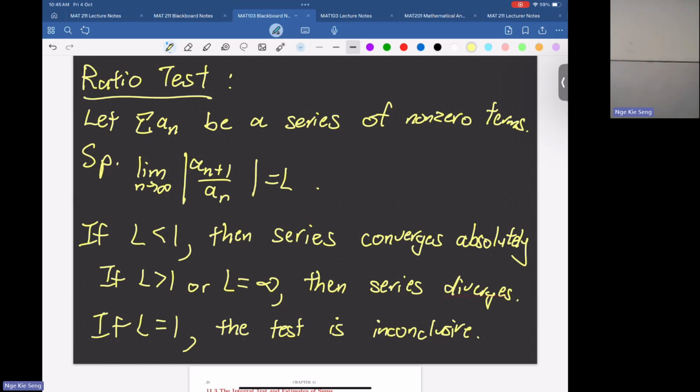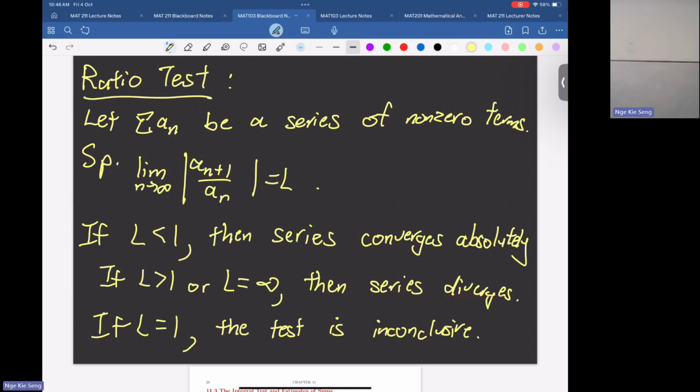So what's this limit here? What is a_(n+1) over a_n? What are you comparing with? You are comparing the next term with the previous term. So if the ratio is less than 1, meaning what?